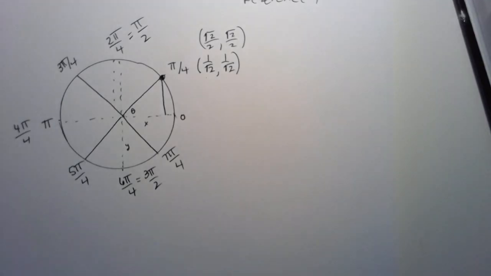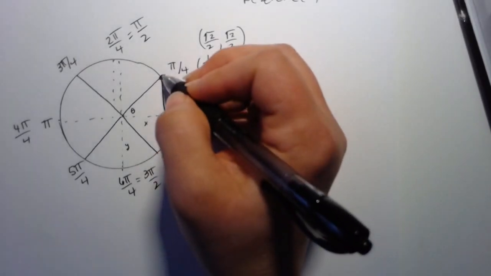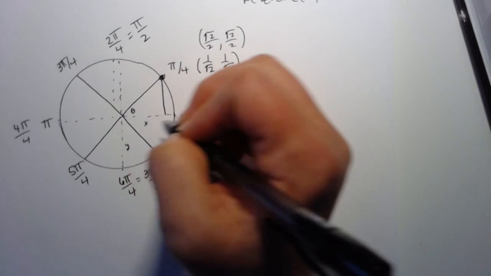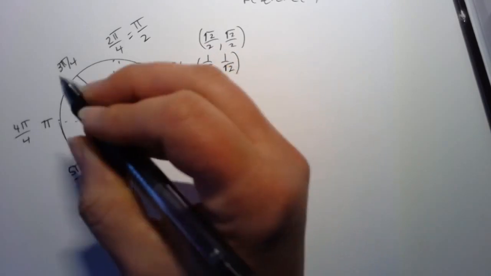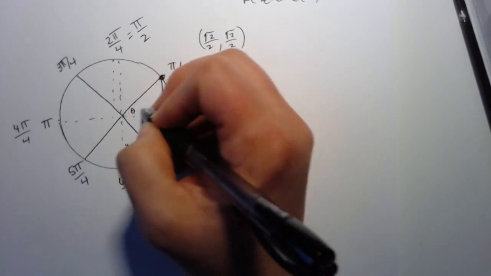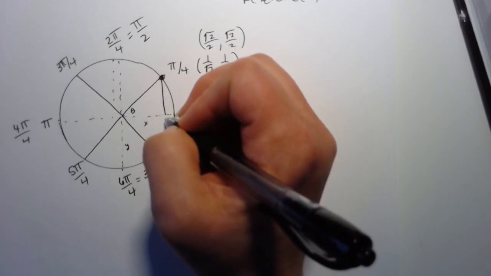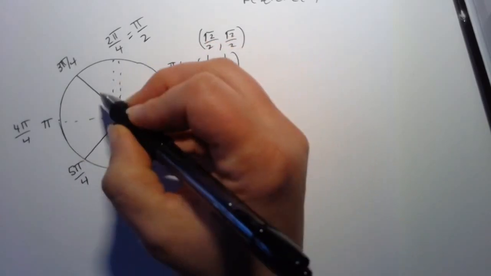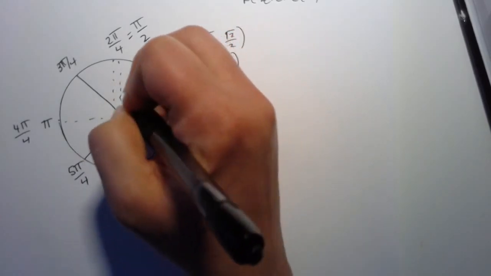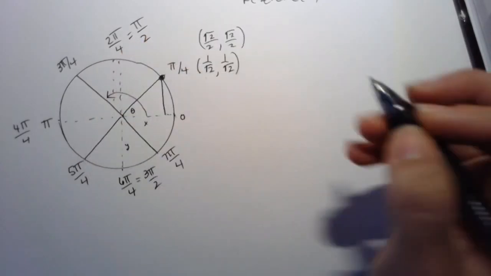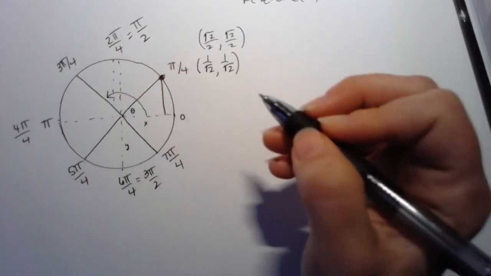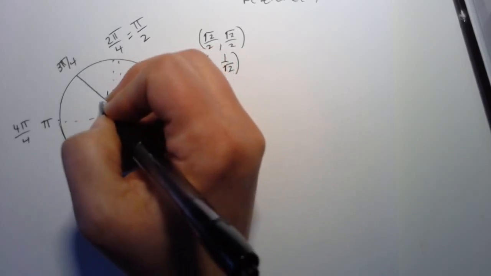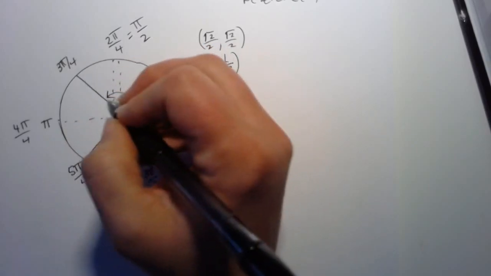Okay, so now a reference angle is basically the angle that is made between the x-axis and the acute angle of the angle. So this one here is my reference angle. Now, for other angles, 3 pi over 4 is basically my theta, but my reference angle is the angle that it makes, because this is an obtuse angle, right?